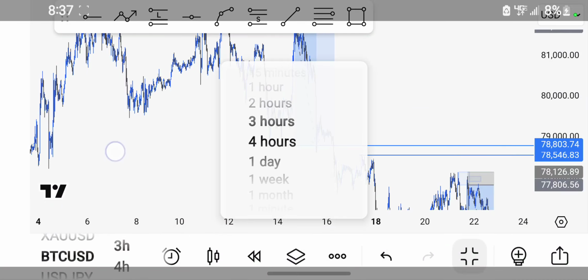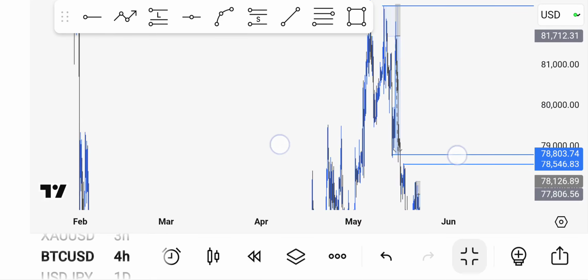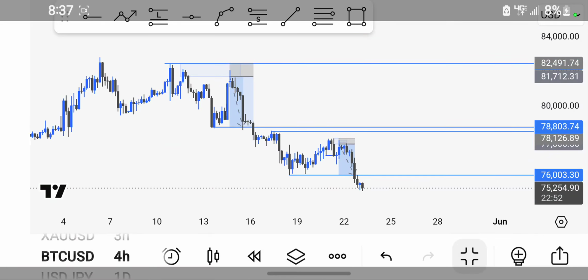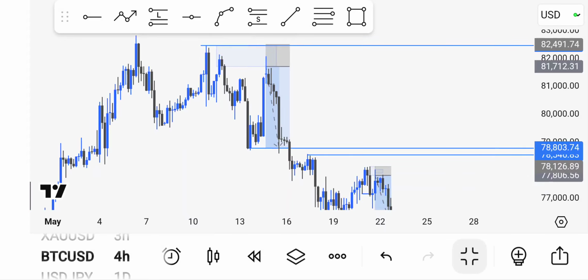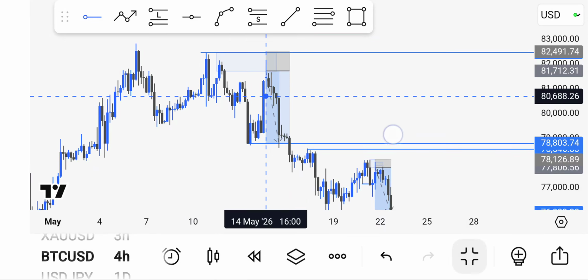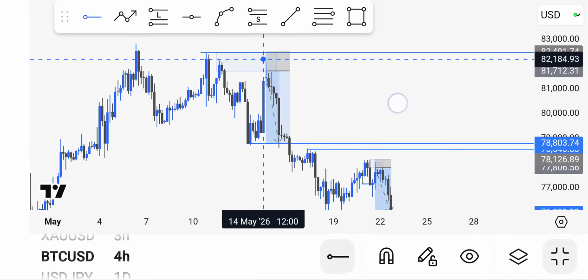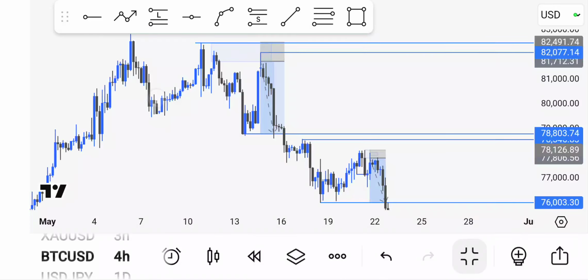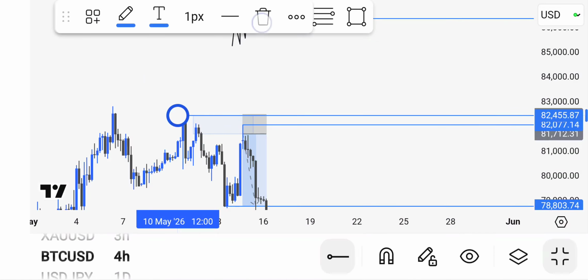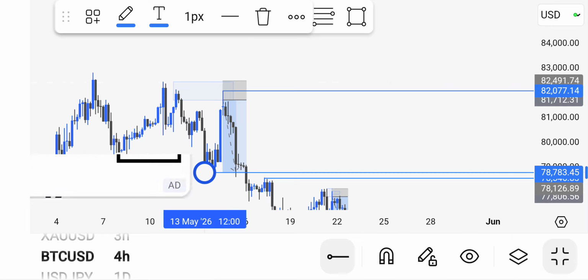Then go back to the higher time frame again. The market has broken past this level, so we have the next one, this high. Let me delete this one.